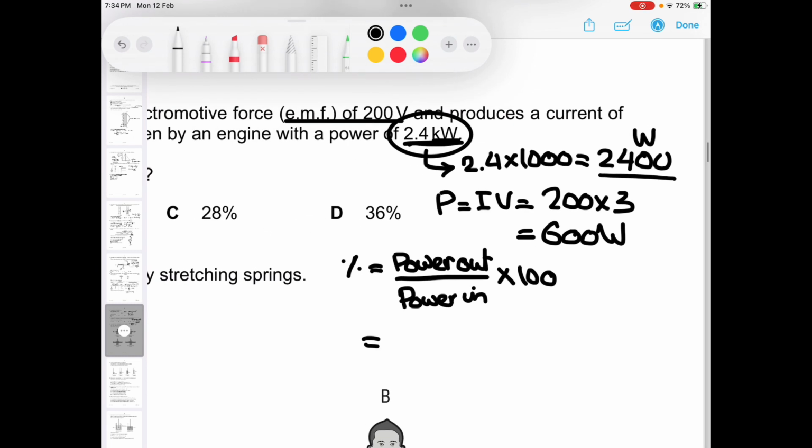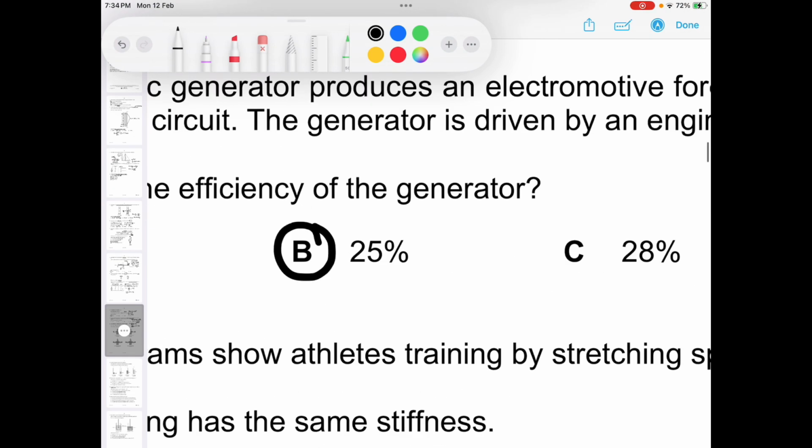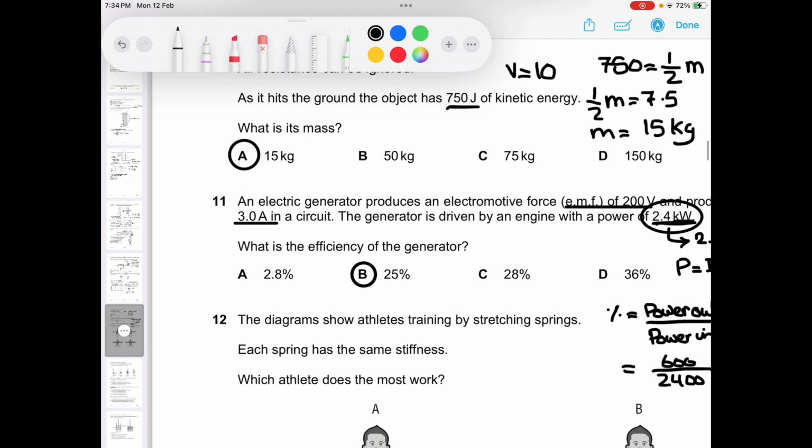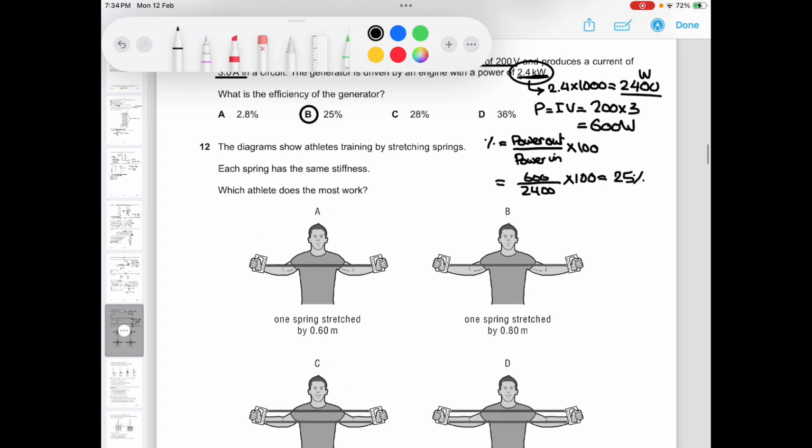This is equal to 600 over 2,400 times 100, which will give me 25%. The answer is B. Okay, next.